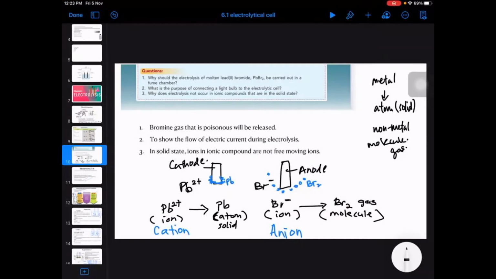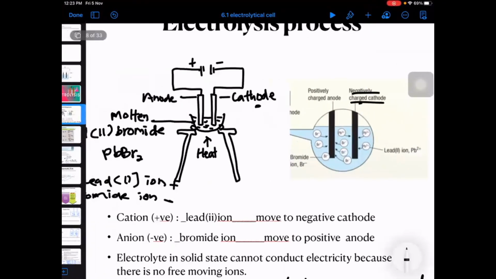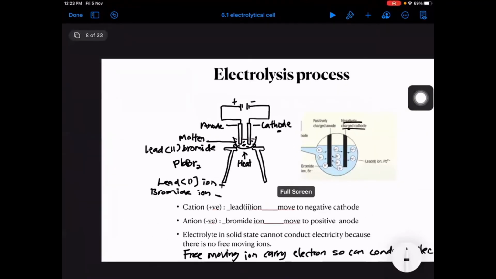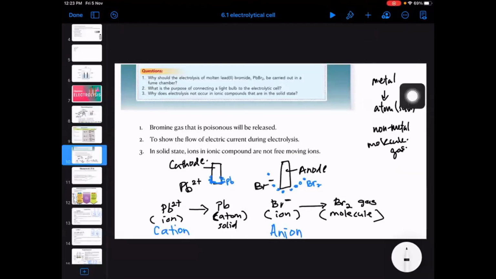So what happens when the lead and bromide move to the cathode and anode? After the lead ion moves to the cathode and the bromide ion moves to the anode, they are separated. And what happens next?